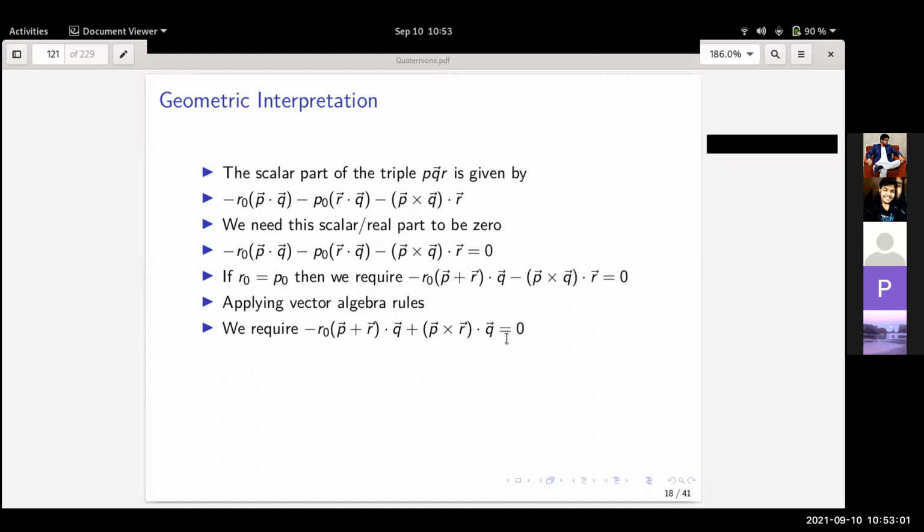So from here, can you tell what additional constraint you require? You have P plus R and P cross R, and you want the whole expression to be 0. P dot R should be 0. Which one? Do you want P dot R to be 0? PR minus P dot R should be 0, actually.